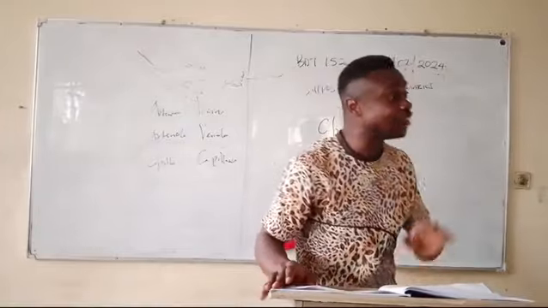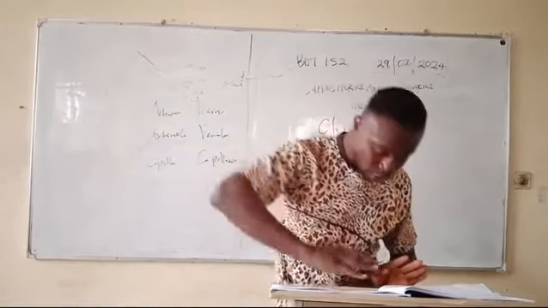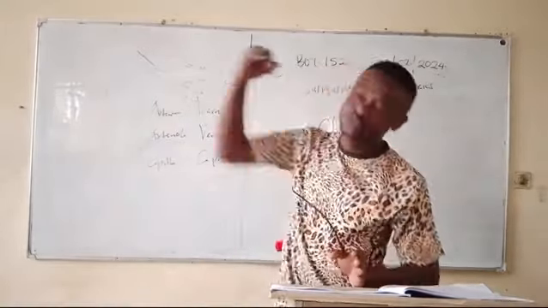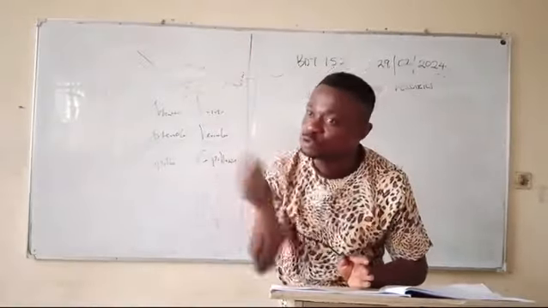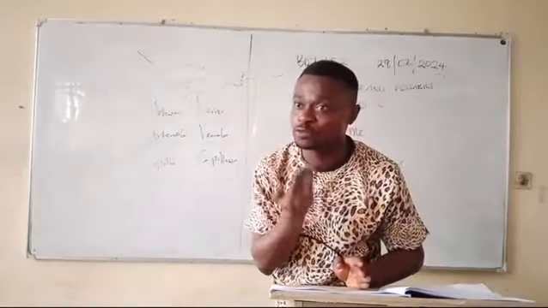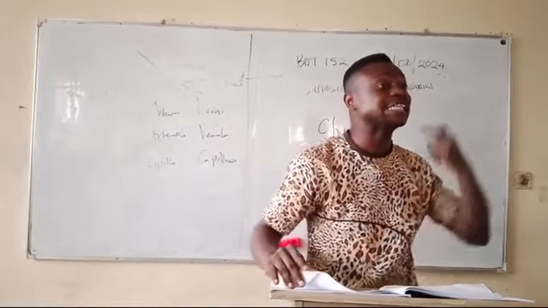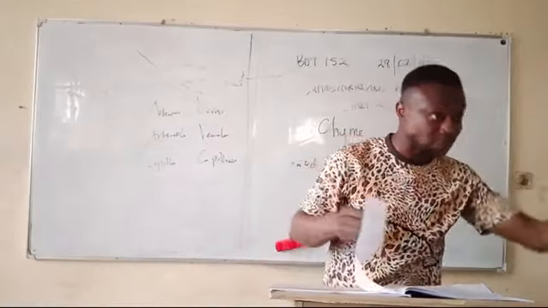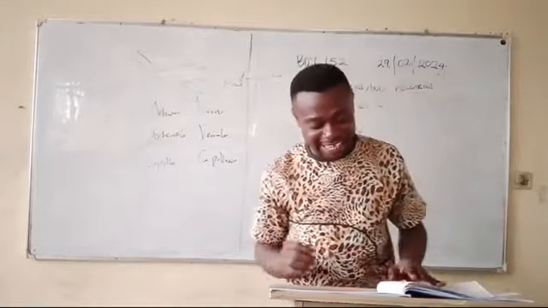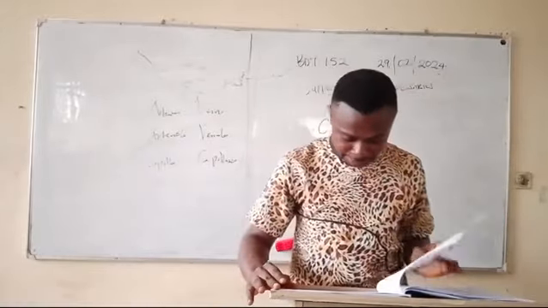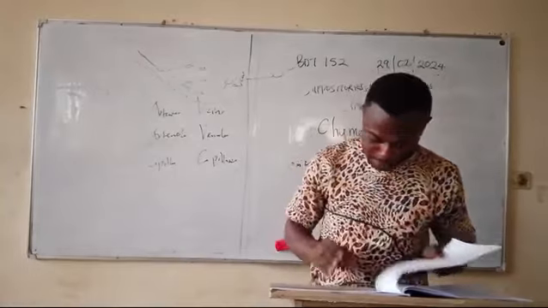This is what you do in research. You keep looking at what to do so that you can have more proportion of unionized form, because the unionized form is preferably absorbed over the ionized form. Are we together? Yes, sir.